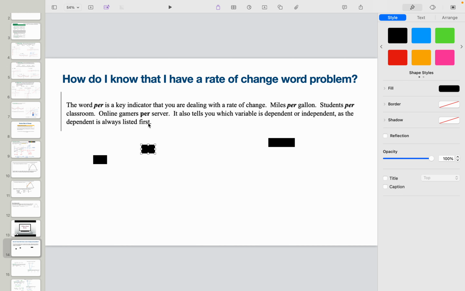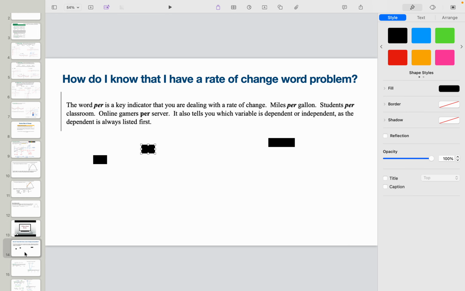So I want you to understand that these are telling you, I have something on the x-axis and something on the y-axis, and I have some sort of rate of change. And this also tells you which variable is dependent or independent, as the dependent is always listed first. So this is miles per gallon, so the dependent variable is always listed first.